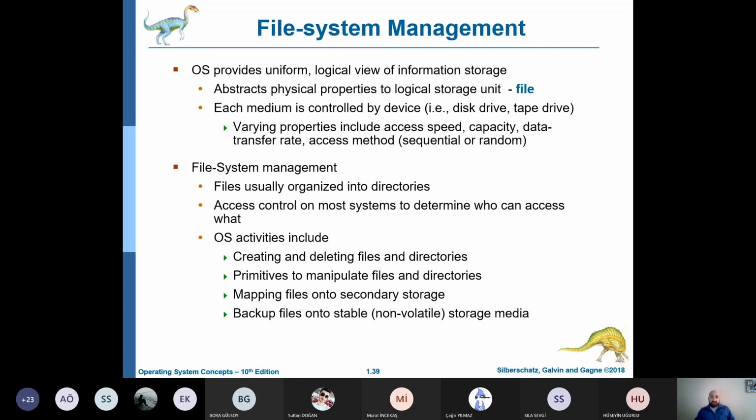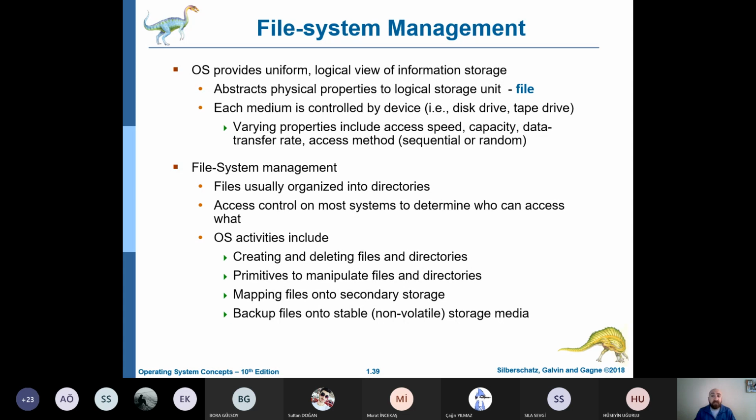To make the computer system convenient for users, the operating system provides a uniform, logical view of information storage, which is called a file. The operating system abstracts from the physical properties of its storage devices to define a logical storage unit. The operating system maps these files onto physical media and accesses these files using the storage devices.